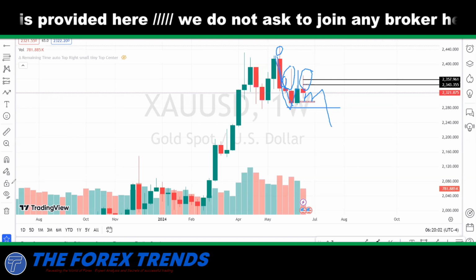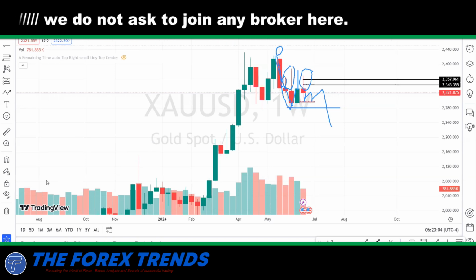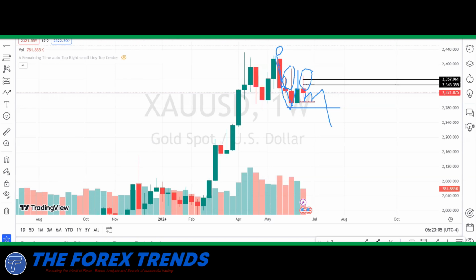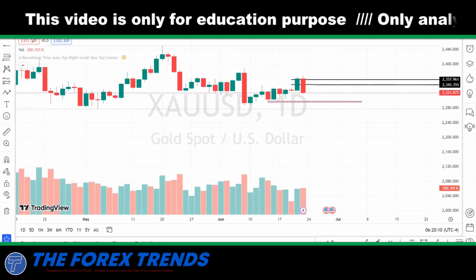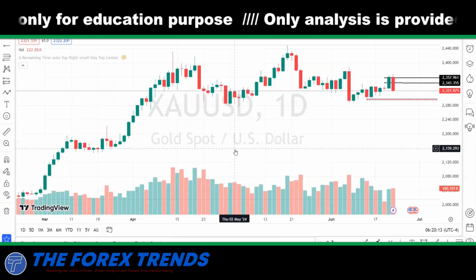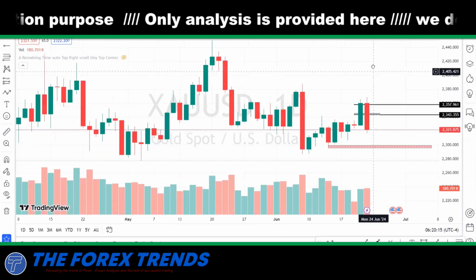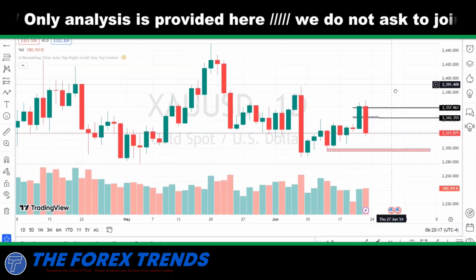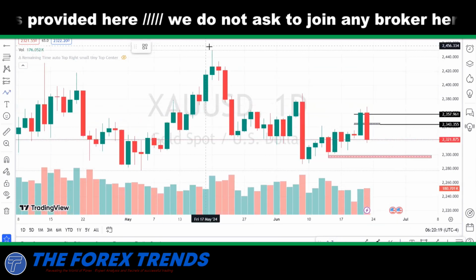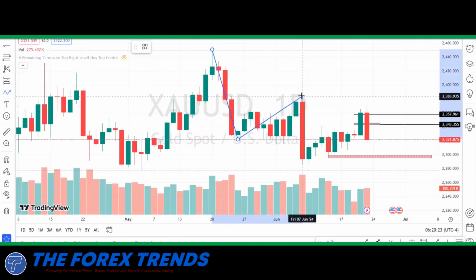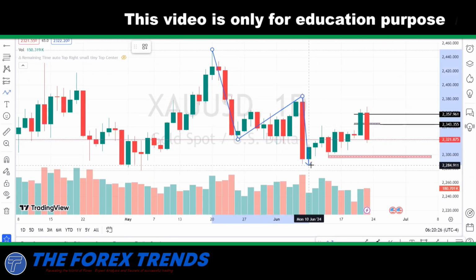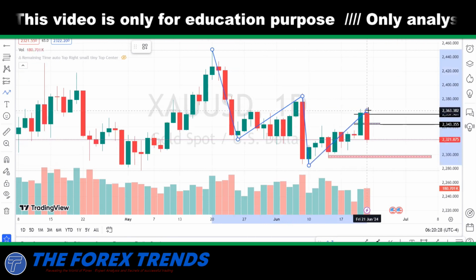Okay, so this is the weekly frame. Let me check the daily frame. In the daily frame, if I mark the structure, look at the structure of the daily frame. This is a lower low, lower high, then another lower low, and another correction.